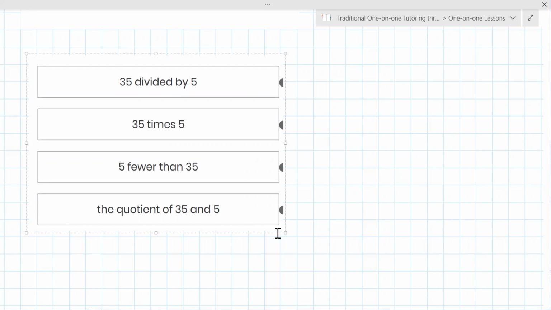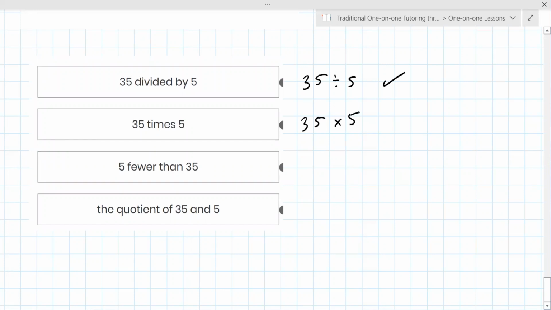Okay, so the first one, the order. I think you said that the order does matter for dividing. It does, yeah. So 35 divided by 5, very good, and then after 35 times 5, so that's multiplication.